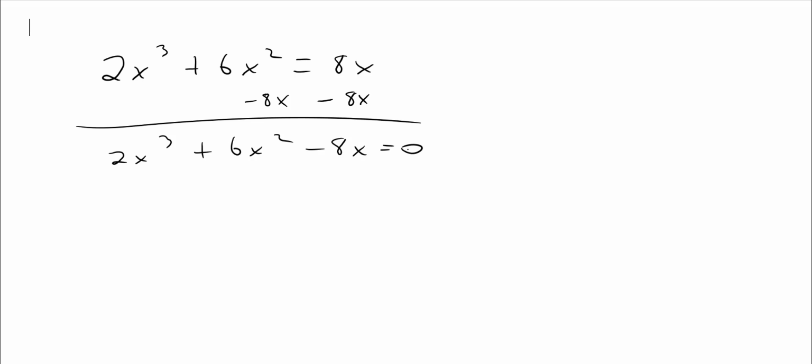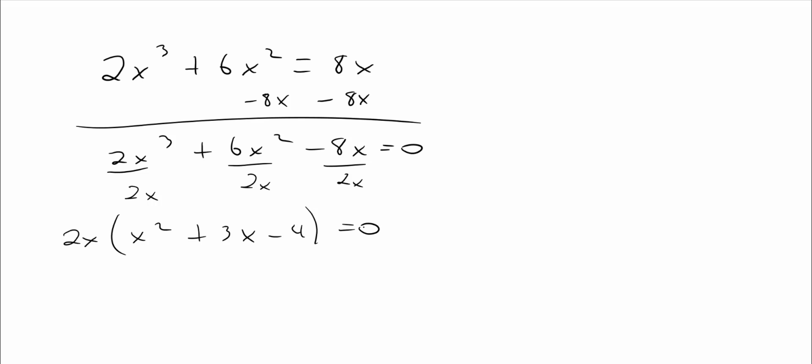Second step is find the greatest common factor, which happens to be 2x. So 2x, and then left over is x squared plus 3x minus 4 equals 0. Okay? And the next step is factor box.